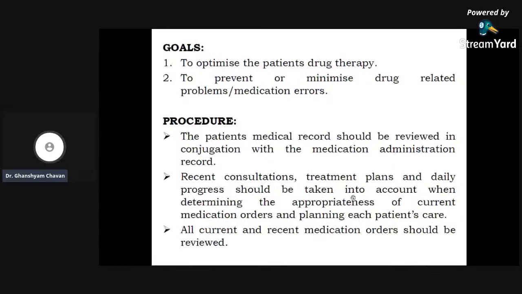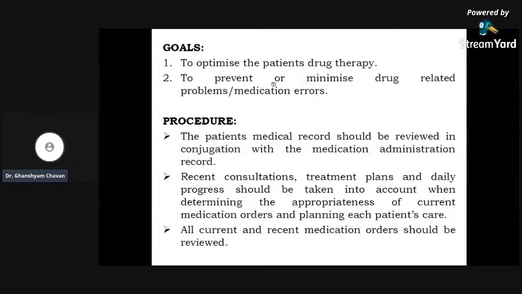Goals. Now we will discuss the goals of this medication chart review. The first is to optimize the patient's drug therapy. If you have prepared a good chart for a typical disease or condition and add more effective drugs to it, it will definitely optimize the patient's drug therapy.